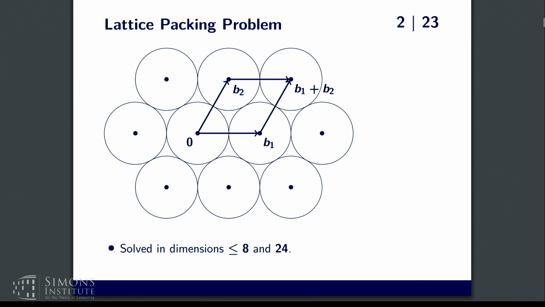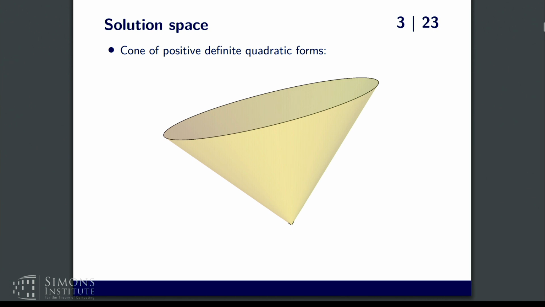If we look at this as an optimization problem, then our solution space is the space of all possible lattices. If we don't care about rotations or orthonormal transformations, then one way to represent this is as positive definite quadratic forms. In fact, these form a cone. Every point in this space will give you a lattice packing.